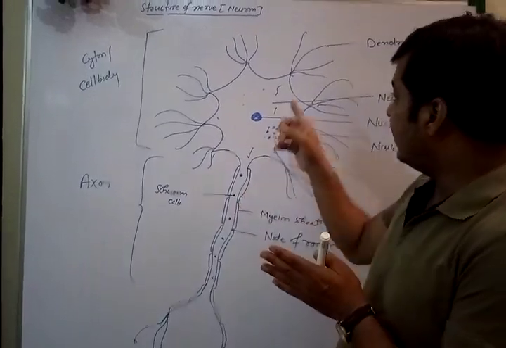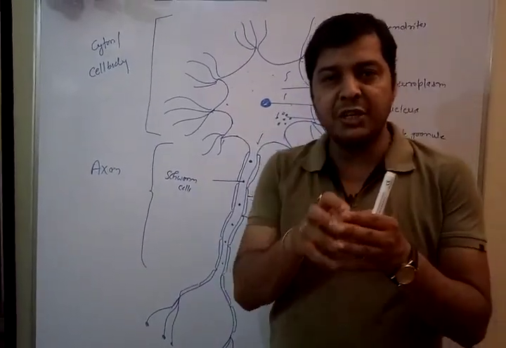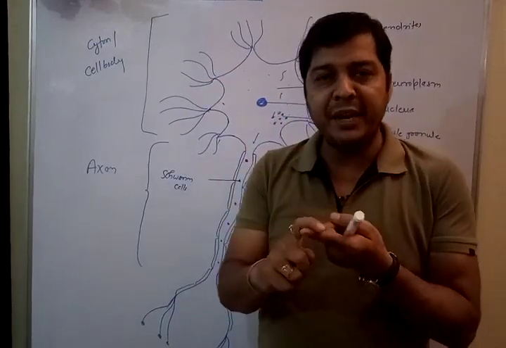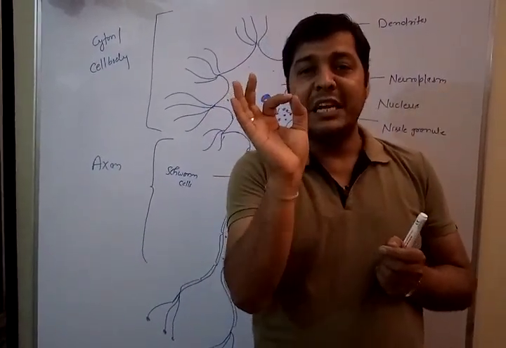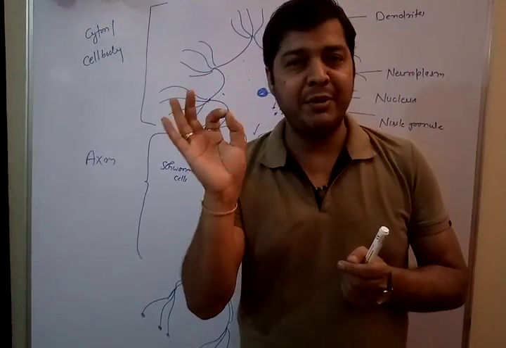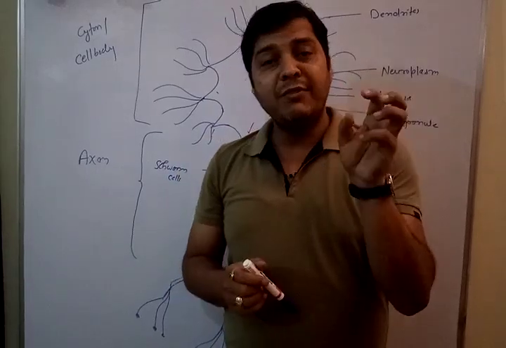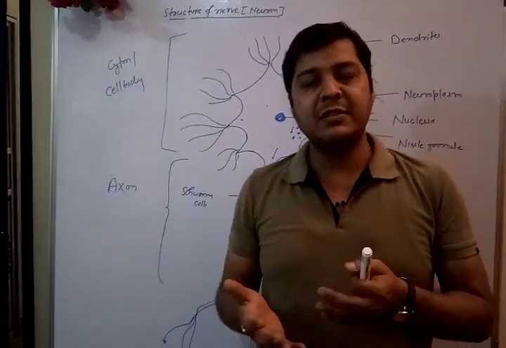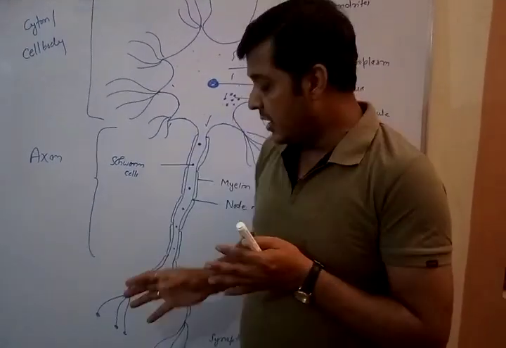Between the dendrites and the synaptic button, we have a junction, a gap between the presynaptic and postsynaptic membrane, called the synaptic cleft. There is a mechanism behind that, where some vesicles and neurotransmitters like acetylcholine are responsible for transmission of these impulses.